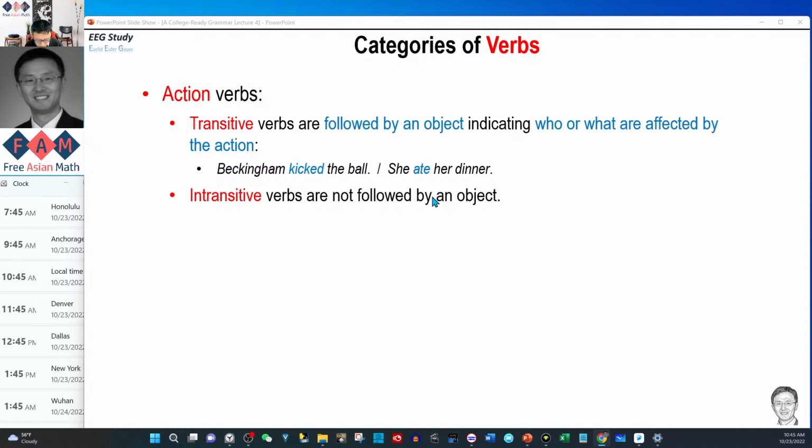Well, an intransitive verb does not have an object. All by itself, it completes the idea. It does not need an object. Very importantly in English, a huge number of verbs can behave both as transitive verbs and intransitive verbs at the same time.